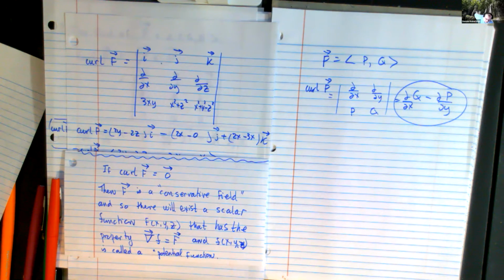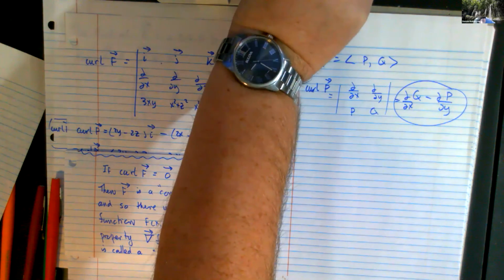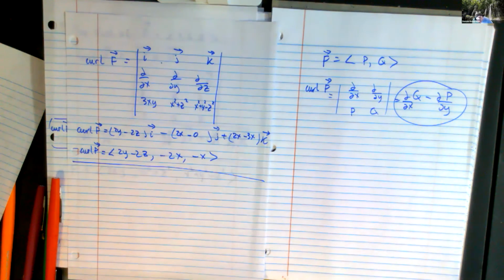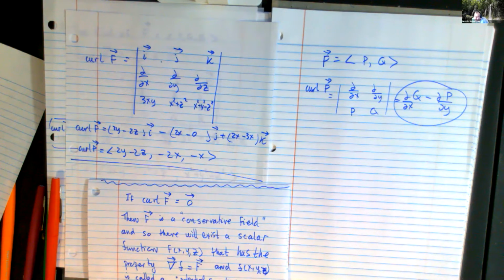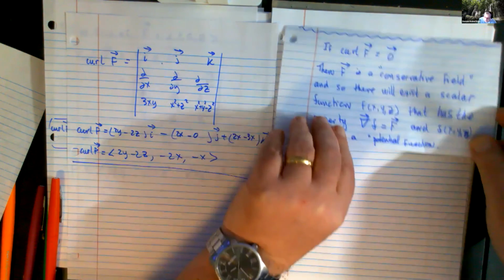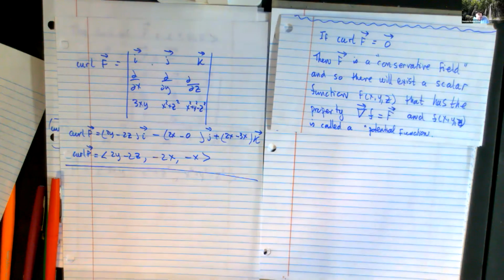And I think I remember saying to you something along the lines of, you know, you can do it for 3D, but you do not want to see the formula for it. I don't know if you are that scared of it anymore, because don't we now know the formula for it? In fact, now that we have a test, you are a conservative field if your curl is 0, and there's a few other things, but mostly that's the major one.